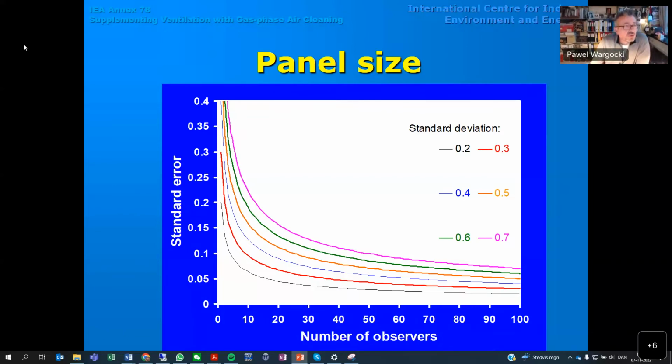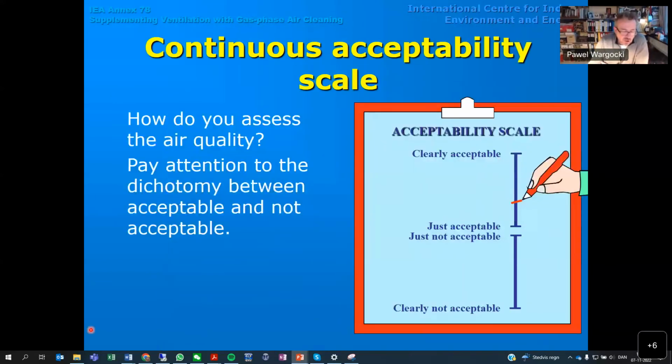Then if we continue, the scale for measuring acceptability is the continuous acceptability scale. And the context here is extremely important. We always have to ask in which context the assessments are obtained.